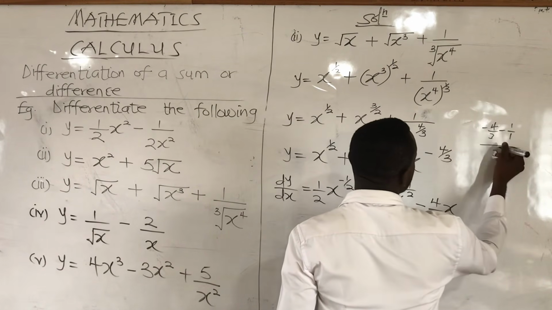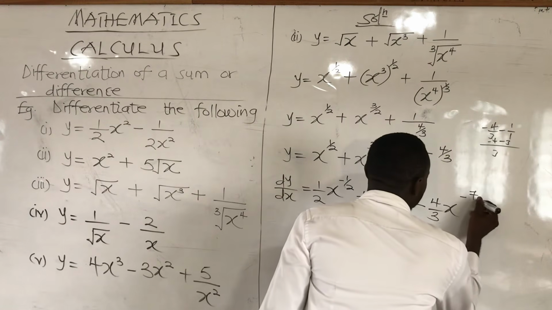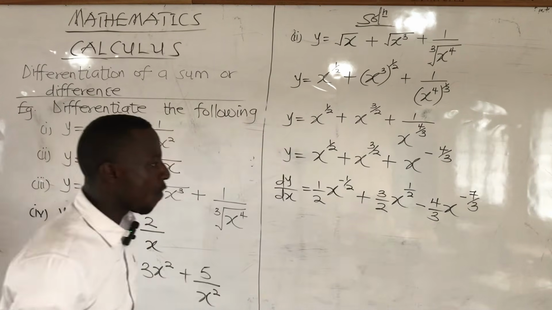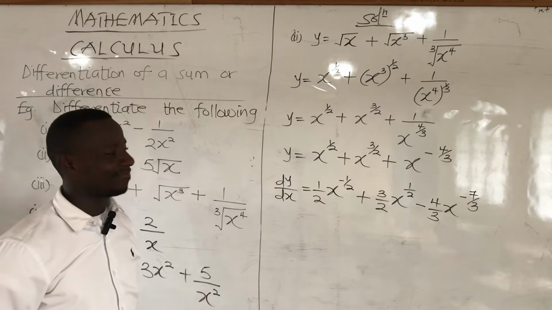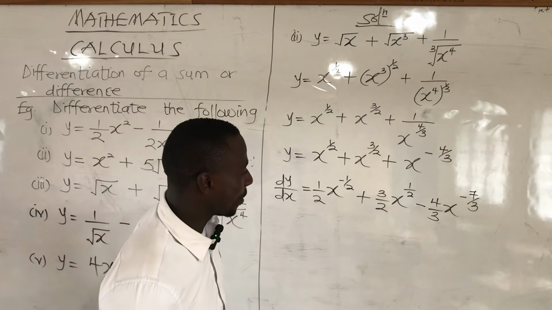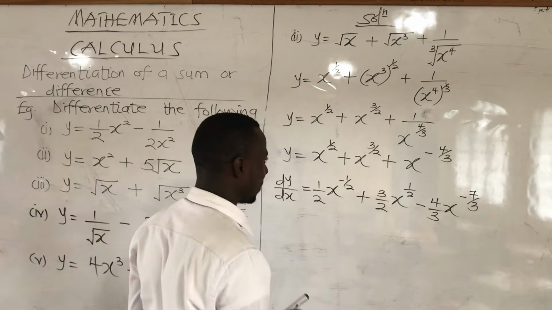So we have minus 4 over 3 minus 3 over 3. So we have minus 7 over 3. Okay, so we are going to continue from there.